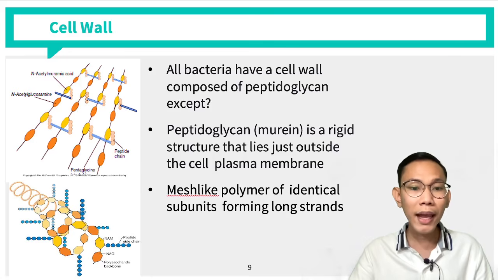What else? There is also your peptide side chain. This peptide side chain is cross-linked to your sugar backbone by your transpeptidase. It is actually composed of alternating D and L amino acids. When we compare this to the 3D configuration, we can see that your peptidoglycan is in a helical shape.